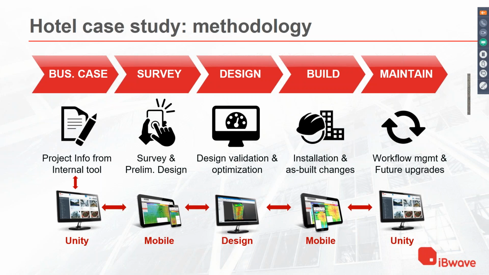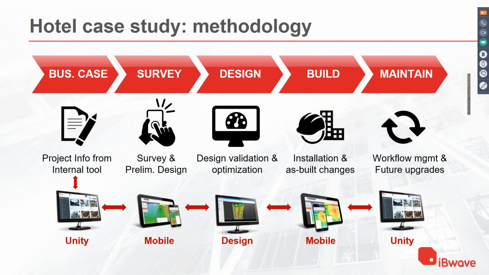The next phase after that is to do a survey. So this is done on-site. It's done in all cases by a field technician, and it's done using iBwave Mobile Planner, which is an Android-based app that runs on Android tablets. And so what's done here is two things.